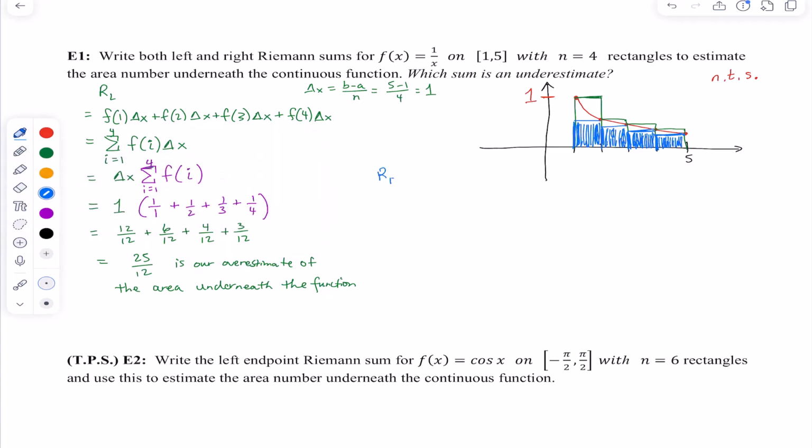I'll use capital R with a subscript of another R to indicate the right endpoint. Notice our greatest common factor is delta x.